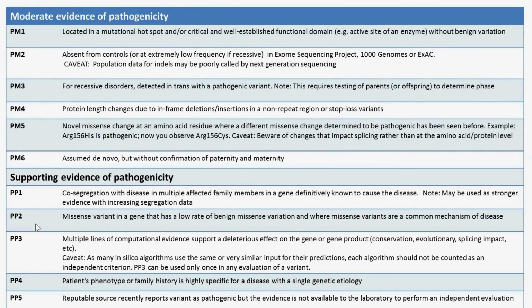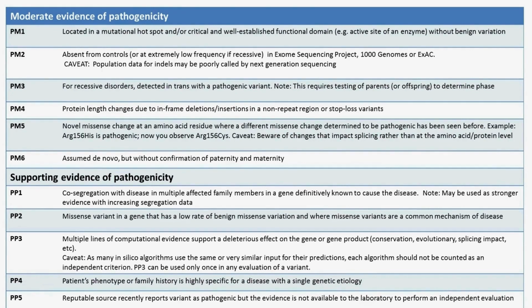PP2 includes a missense variant in a gene that has a small number of benign missense variants and where missense variants are a common mechanism of disease, meaning that particular disease is caused by that particular missense variant. Then PP3 includes variants where various computational evidences support a deleterious effect on the gene product. PP4, when the patient's phenotype or family history is highly specific for a disease with a single genetic cause.